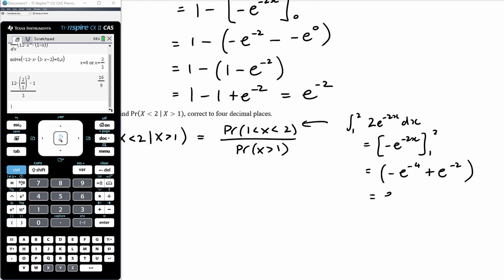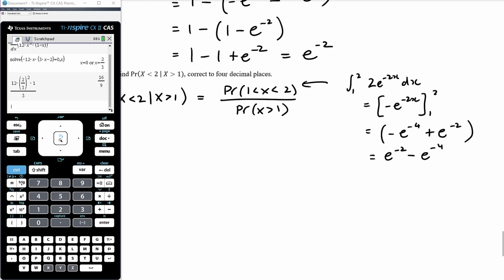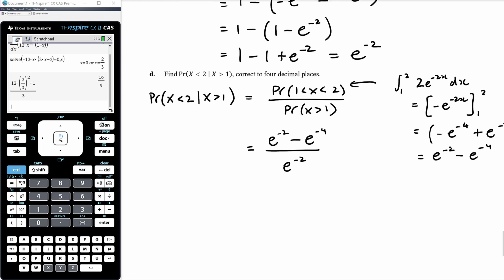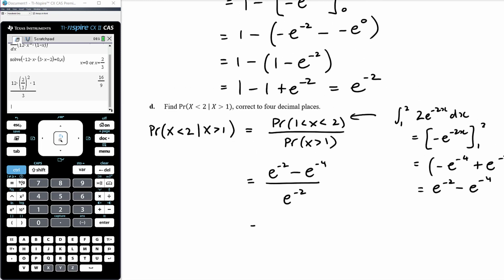That's e to the minus 2 minus e to the minus 4. Alright, and so we've got e to the negative 2 minus e to the negative 4 over e to the negative 2. It does say to correct to 4 decimal places, so we can just put that in our CAS, and in fact, therefore, we could have just done the integral in our CAS.